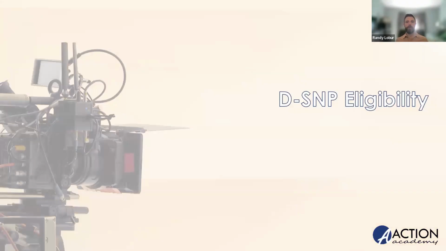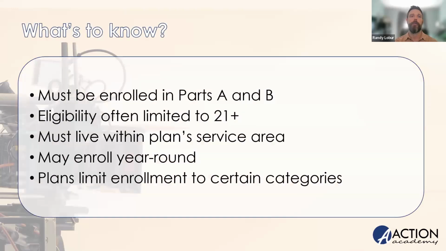So real quick, we'll talk about DSNP eligibility in a nutshell. Make sure we have a few things under our belt before we talk about how DSNPs and Medicaid work together. So again, as you were all right, they do have to be enrolled in Parts A and B. One thing we should point out is that when you're looking at a DSNP, eligibility is often limited, though not always, to folks who are 21 and up.